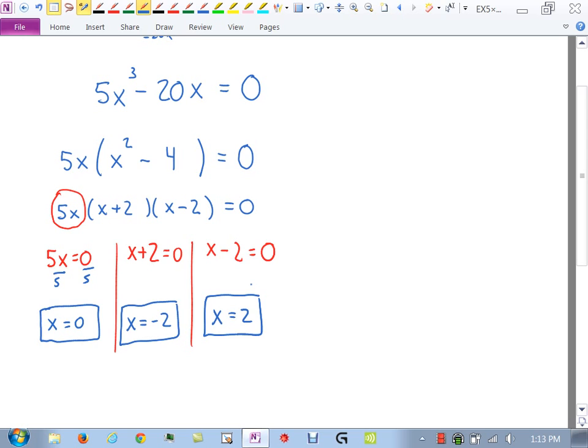One last problem, and then I'm going to give you some stuff to work on yourself. I want you to carefully investigate the following 2 problems. I'm going to put 2 problems up on the board for you. x plus 2 times x minus 3 equals 0.